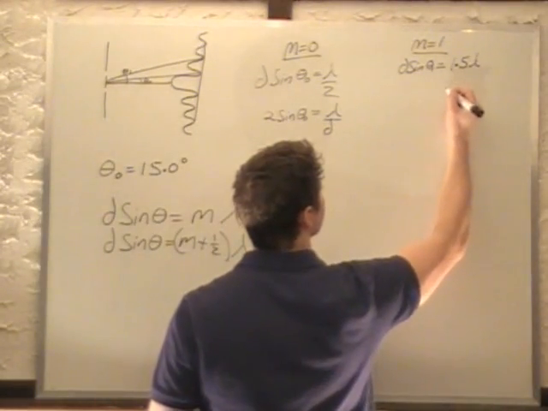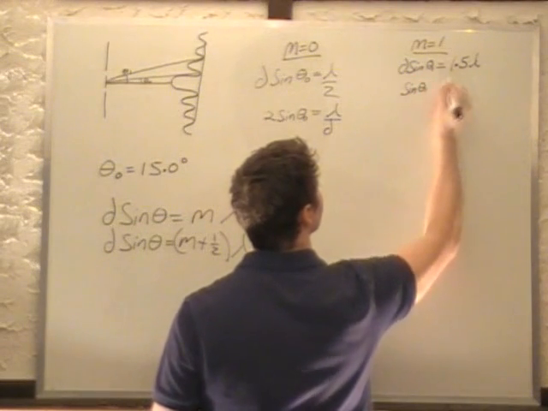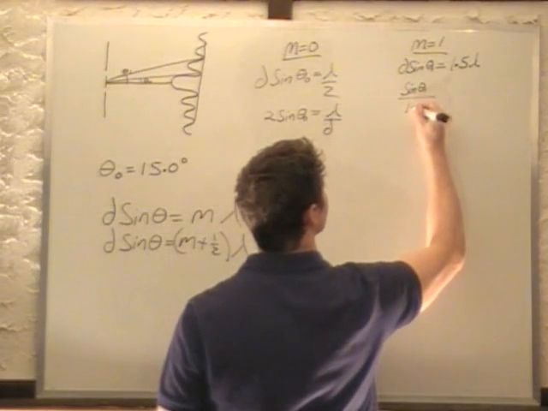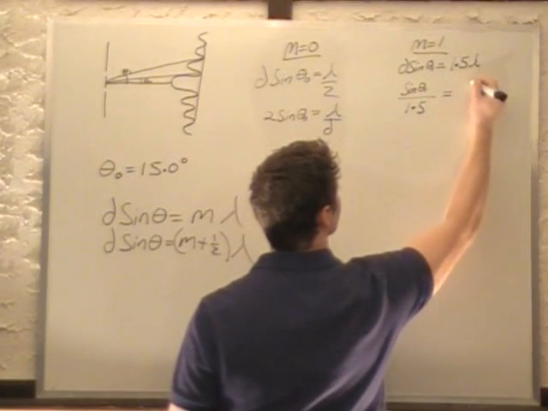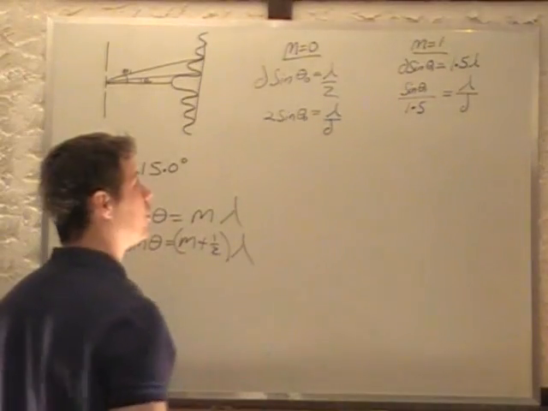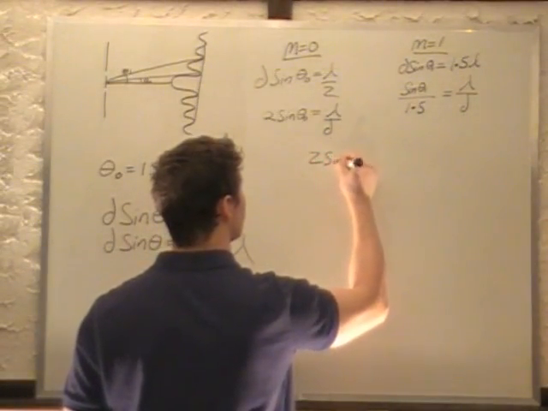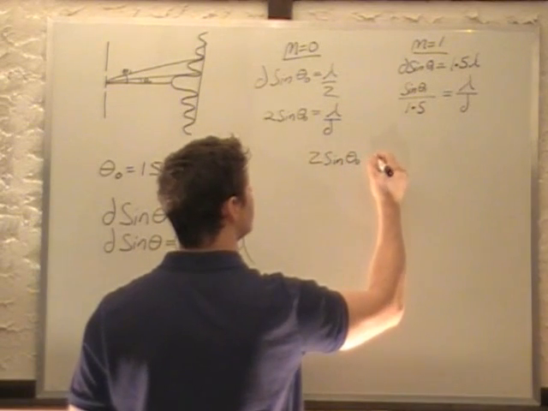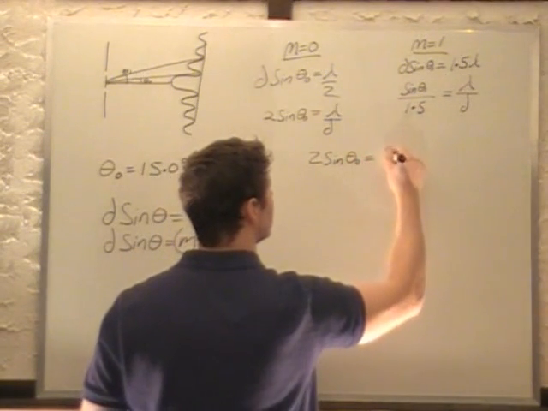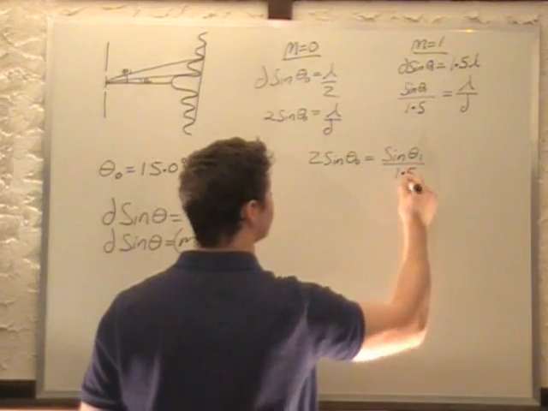So sine theta 1 divided by 1.5 equals lambda over d. Lambda over d equals lambda over d, so I set those two equal. I get 2 sine theta 0 equals sine theta 1 over 1.5.